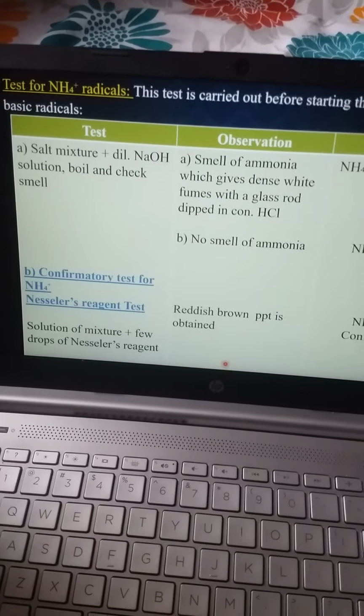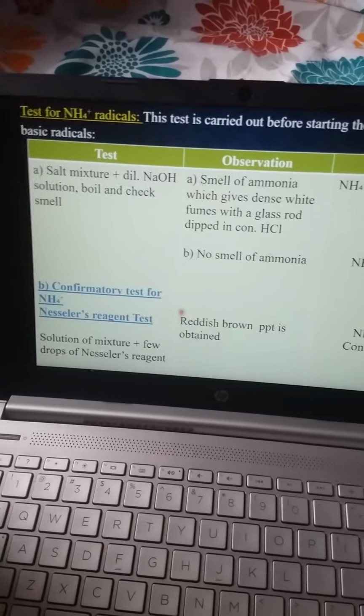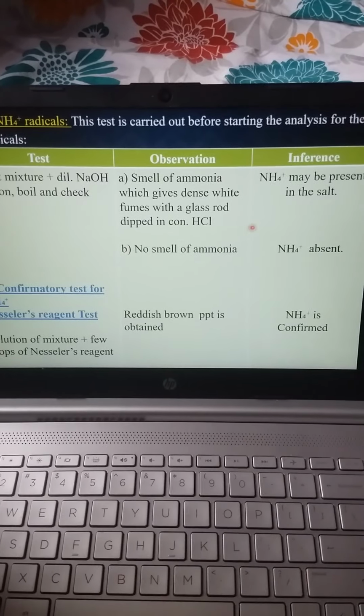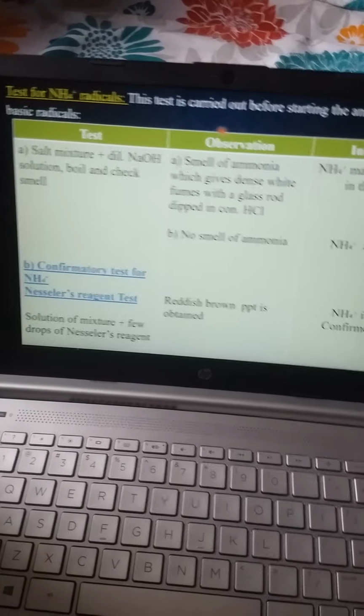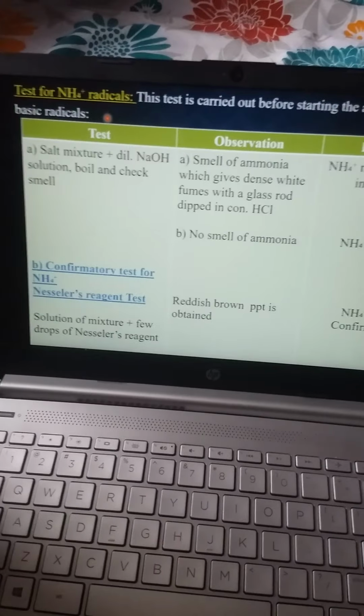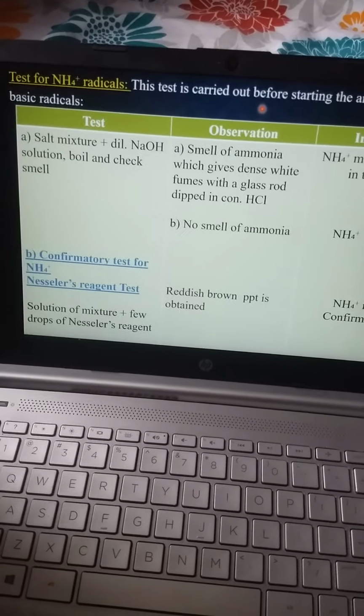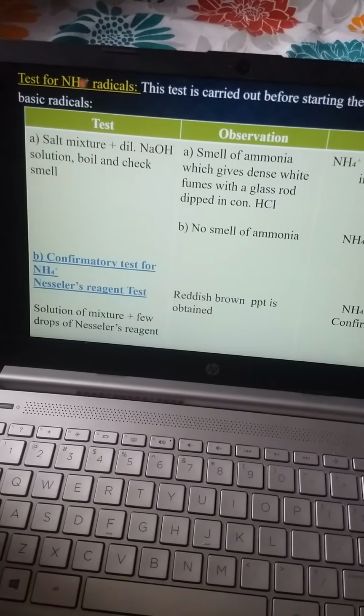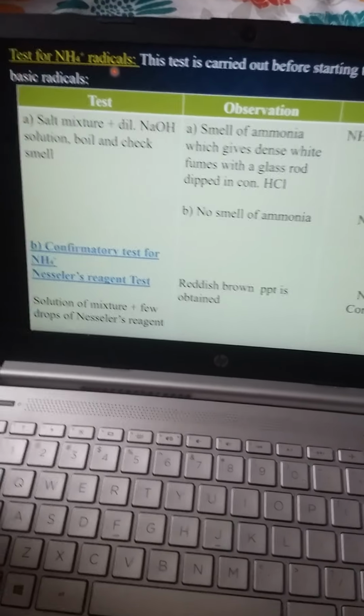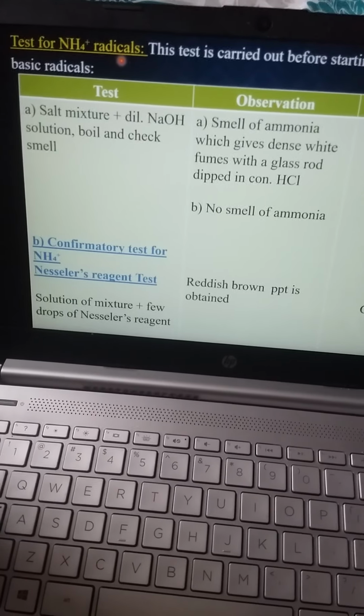This part is very important. This test is carried out before starting the analysis of the basic radicals. Before analyzing the basic radicals, you have to go through the test for ammonium radicals. So how do you do this test?